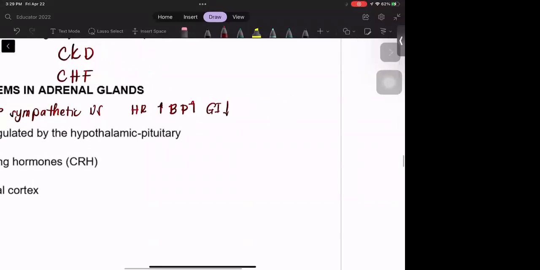What does it do to your pupil? Pupillary dilation or pupillary constriction? Oh, wait, are you sure? Okay, let's pause for a moment.